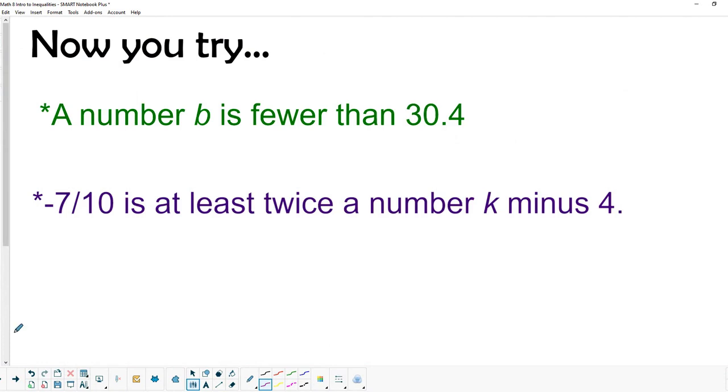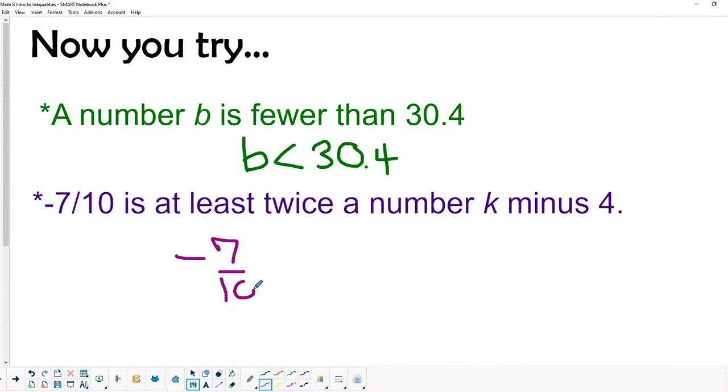Okay, a couple more. A number B is fewer than 30.4. So a number B is fewer than, so that would be less than 30.4. What about that next one? What would you do for that one? So -7/10, and it's interesting, they're writing this maybe a little differently than some of the others. -7/10 is at least twice a number k minus 4.